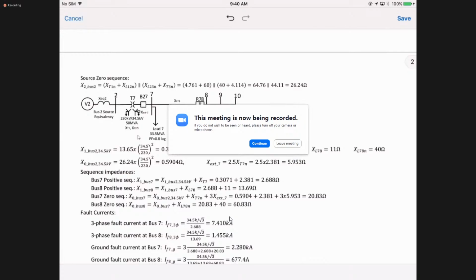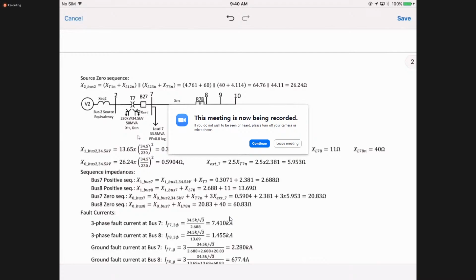And why we calculate, say for example, in bus 8, is because from the fault current calculation, the impedance in between is so low. So just for convenience, we calculate the fault in this bus. Actually, if the fault is here, it should be calculated here.